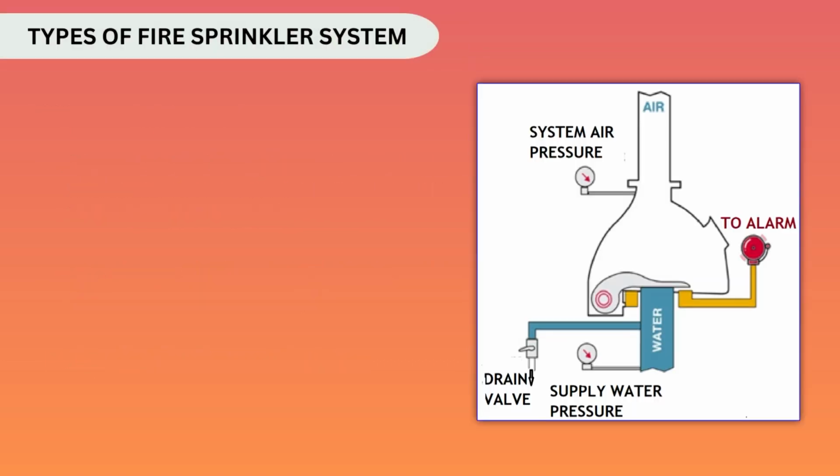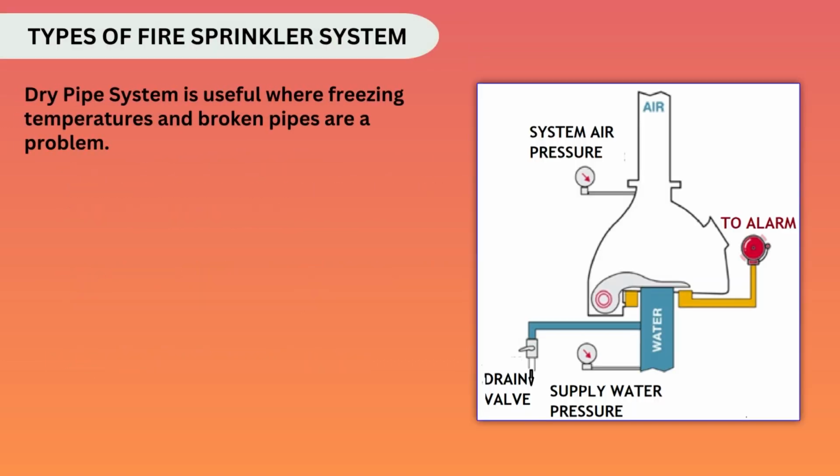Another type of sprinkler system is the dry pipe system, which is useful where freezing temperature and broken pipes are a problem. Refer to figure 3. The system consists of a system air pressure gauge, alarm, a supply water pressure gauge, and a drain valve for testing whether the system is working or not. It is used in unheated buildings.